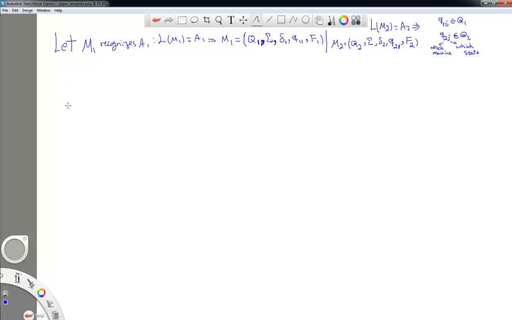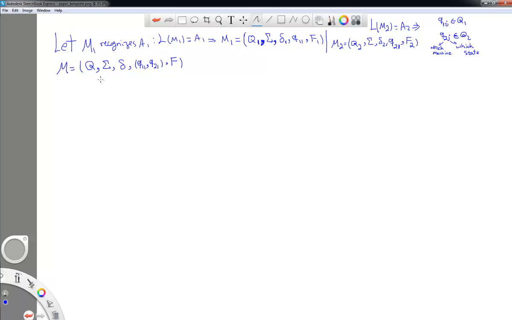Then the way that I'm going to do this is I'm going to create M to be this automaton, Q, sigma, delta, then Q sub 1 1 and Q sub 2 1 as a pair, and F, to be a finite automaton.